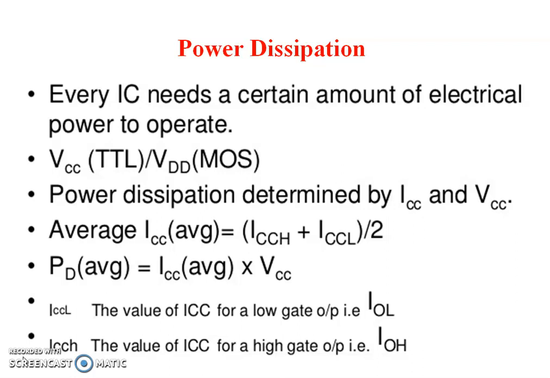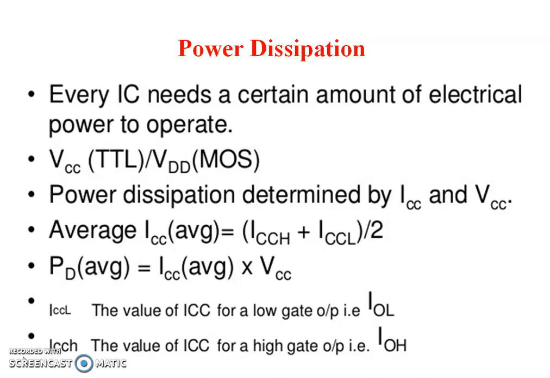Now, how to calculate the average value of ICC, which is determined from ICCH and ICCL. It means the output voltage is high for ICCH and the output voltage is low for ICCL.